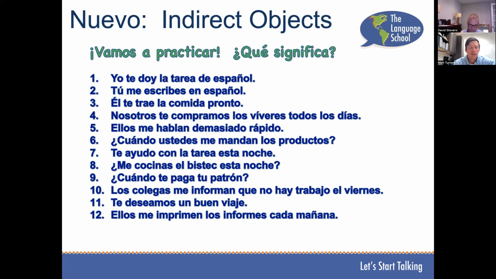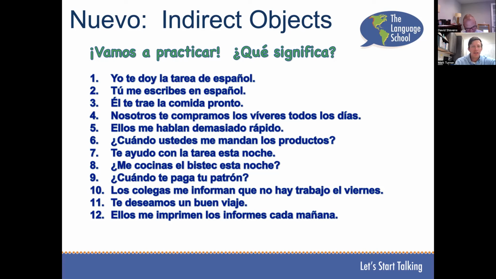So this is saying, my coworkers inform me that there's no work on Friday. Good. Is that multiple Fridays, or just this Friday? El viernes, it's singular, this Friday. If it were los viernes, it would be every Friday is a day off, but nope, we have to work most Fridays.